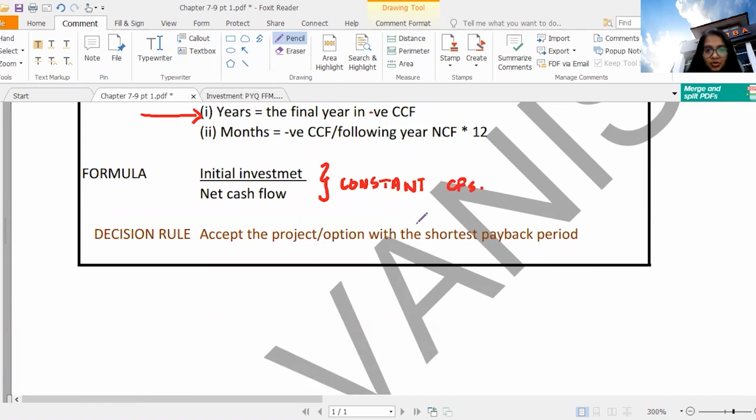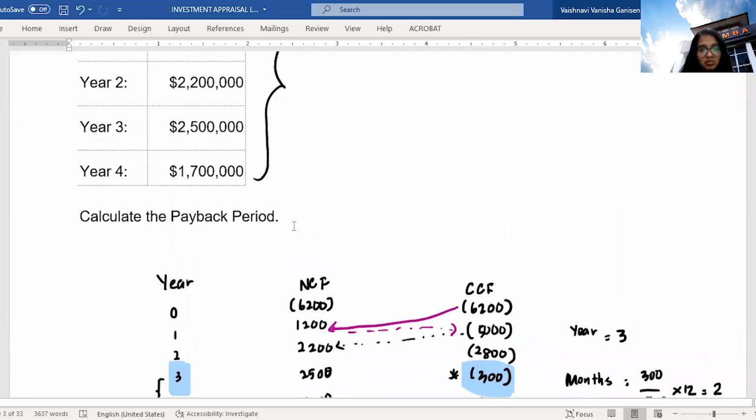When you do this, you are calculating the number of years directly. This is the lecture example I told you I would do later, so let's do it now.